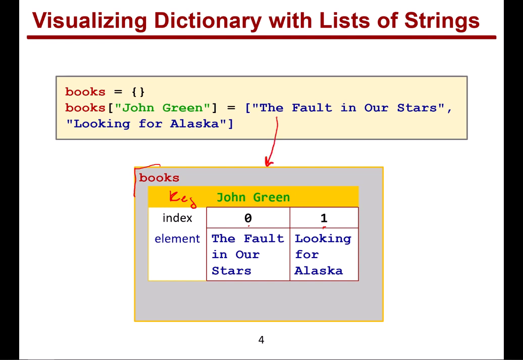This is helpful just to visualize when we have lists inside of dictionaries or dictionaries inside of lists. It can be a little bit complicated to visualize, so it's helpful to just picture what this syntax is actually generating. In this case, it's our dictionary with our list inside of it, which is the key. And then we have our list items here, which in this case is a string.